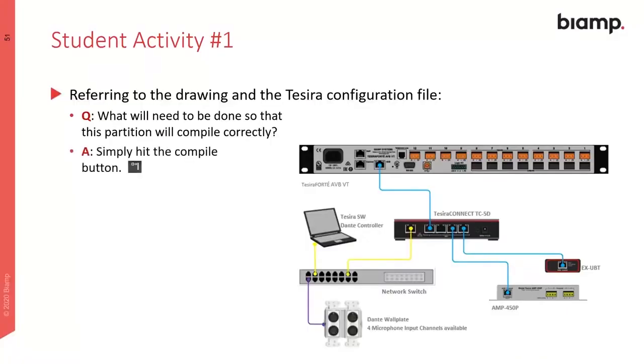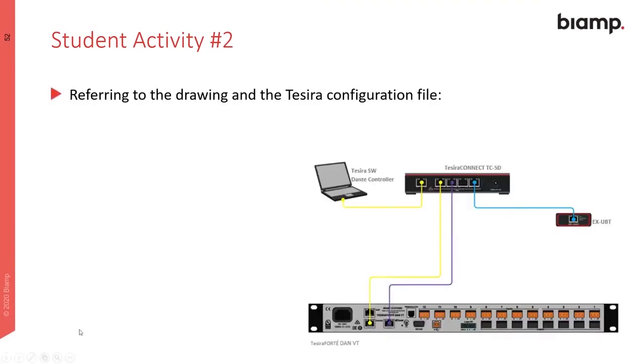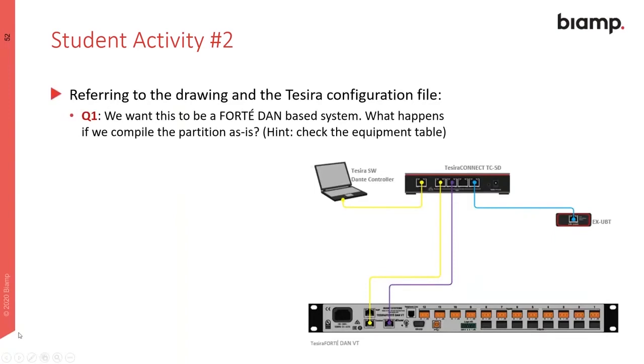So the next thing is if you open the second file, the question is that we want this to be a Tesira DAN based system. So we don't have an AVB VT, we have a Tesira DAN.